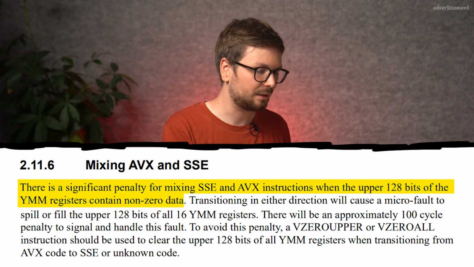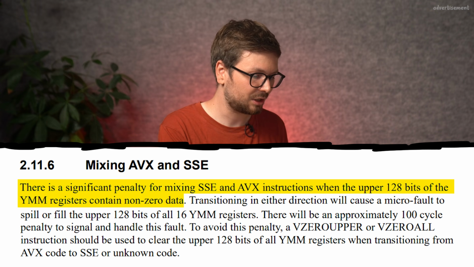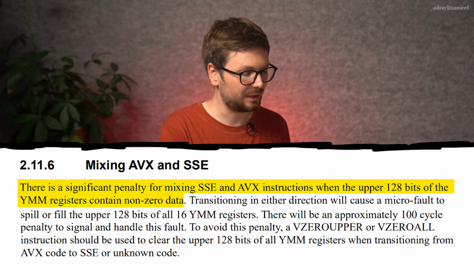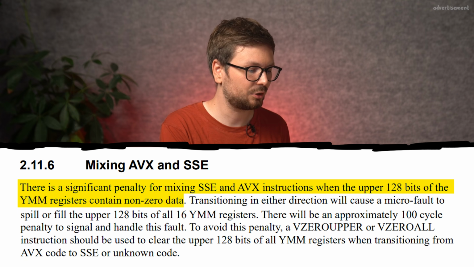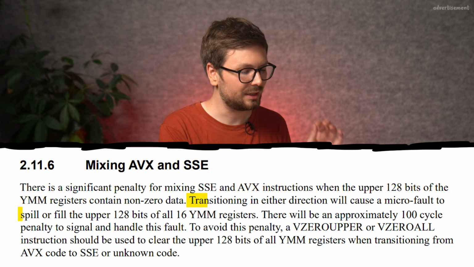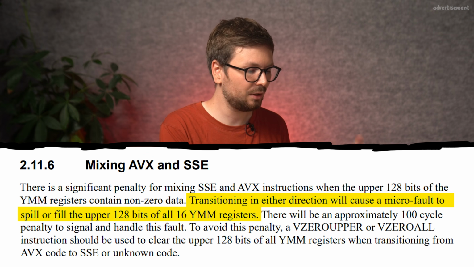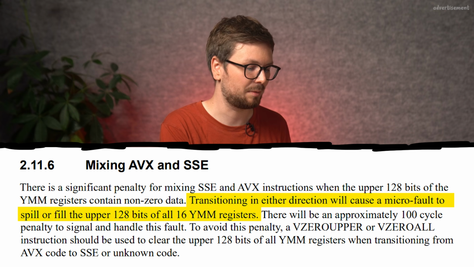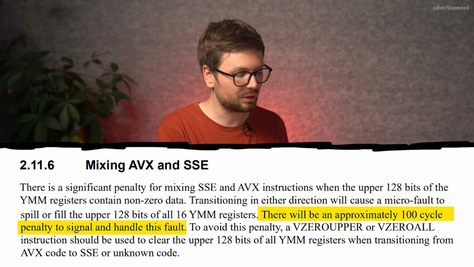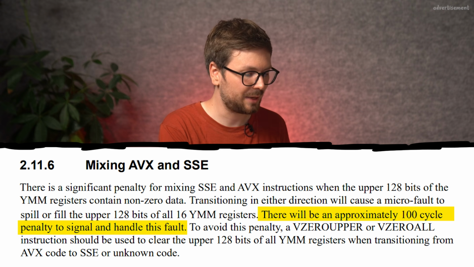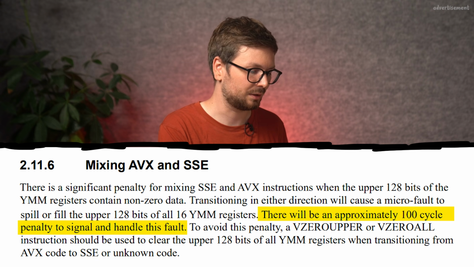There's a significant penalty for mixing SSE and AVX instructions when the upper 128 bits of the YMM register contain non-zero data. Transitioning in either direction will cause a microfault to spill or fill the upper 128 bits of all the 16 YMM registers. There will be approximately 100 cycle penalty to signal and handle this fault.